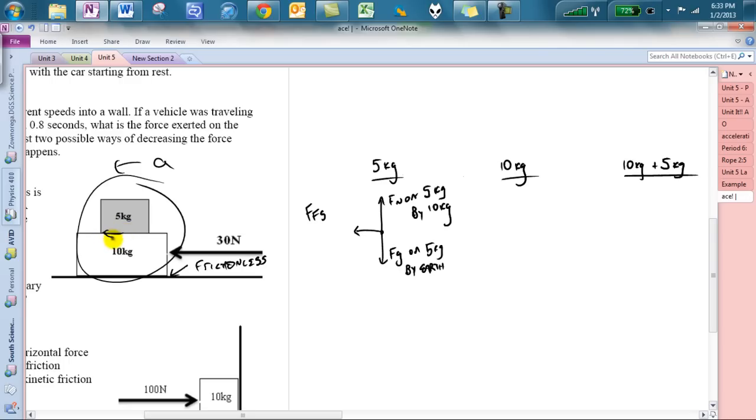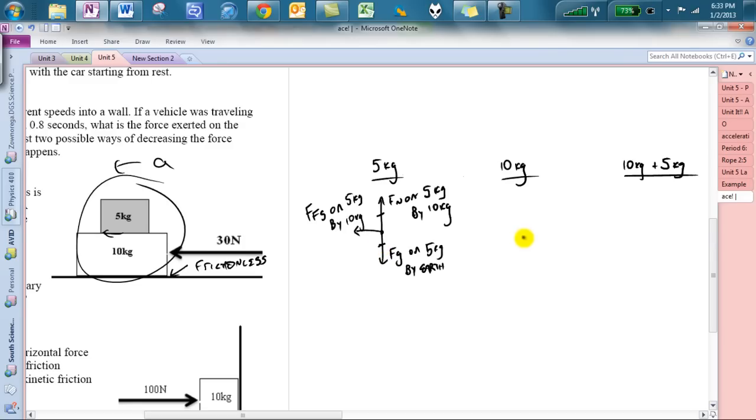So it's actually a static coefficient, or a static force there on the 5 kilogram box by the 10 kilogram box again. So that is a static, but it is a frictional force nonetheless that would actually be pushing it forward. They are not moving in terms of each other, so that's why it's again static. We know that those two forces would be equal.